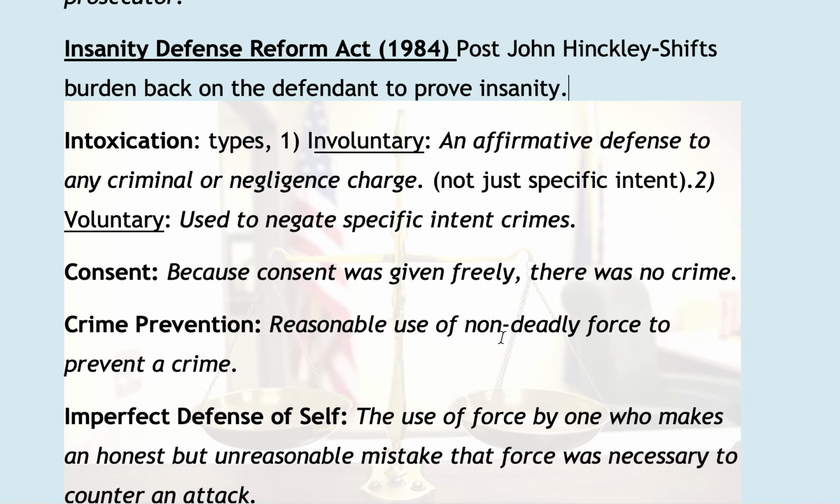It just depends. It really makes it harder to get off of a crime. Kind of go back to the McNaughton right or wrong test.